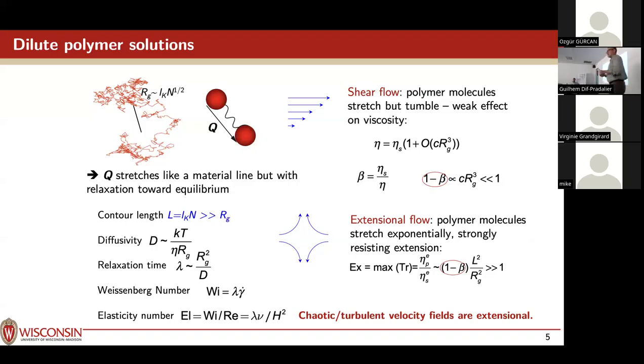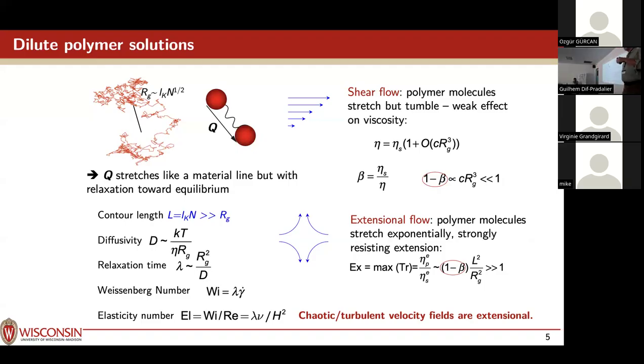And so the shear viscosity doesn't increase substantially. And this quantity beta here is the ratio of the solvent viscosity to the total viscosity. 1 minus beta is proportional to the polymer concentration. And for a dilute polymer solution, 1 minus beta is close to 0, or beta is close to 1. Right? That's what characterizes a dilute solution.